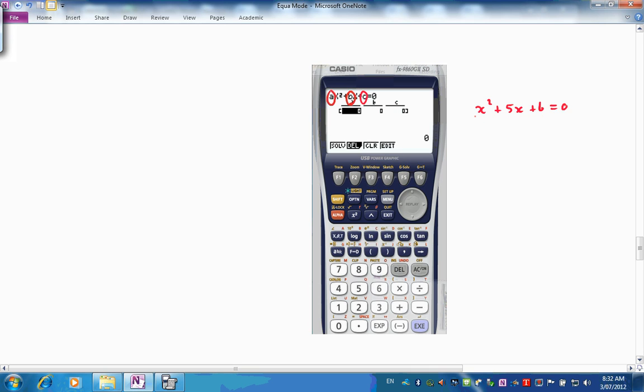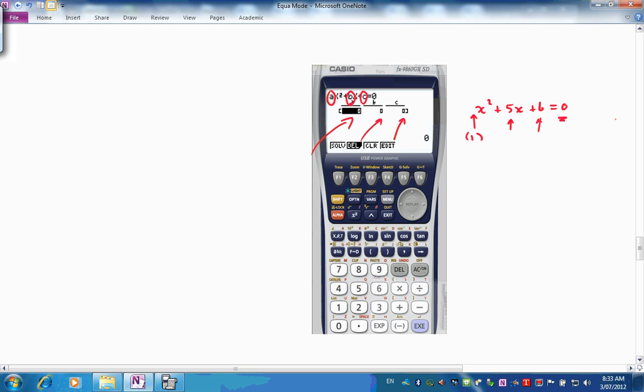Okay, so we can see again, number in front of x squared is not written, it's understood to be 1. So we'll need to put in the first spot there 1, and then a 5, and then a 6 here. Okay, so you can see the calculator requires the equation to be written always equal to 0. Okay, so we are set up nicely to do this.